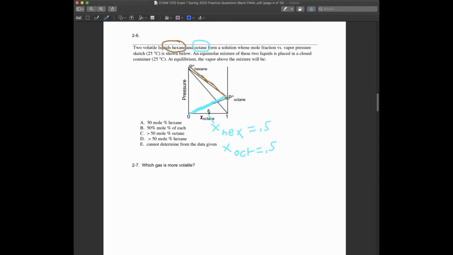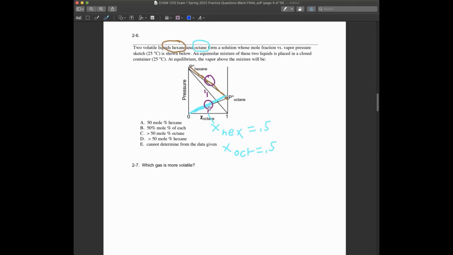If we draw it up here, hexane is at that location, and octane is at that location. So what does this really mean?